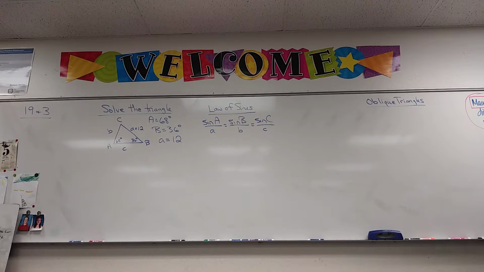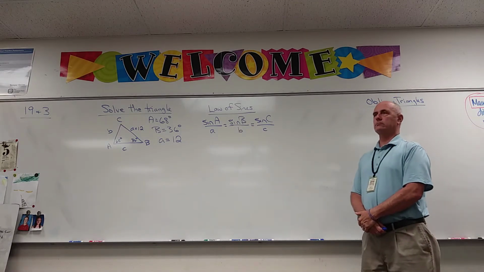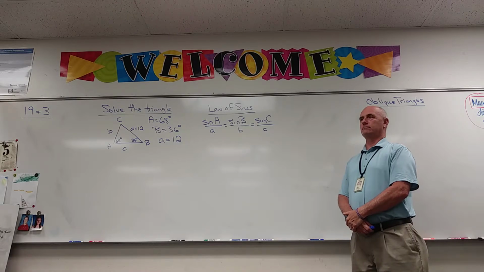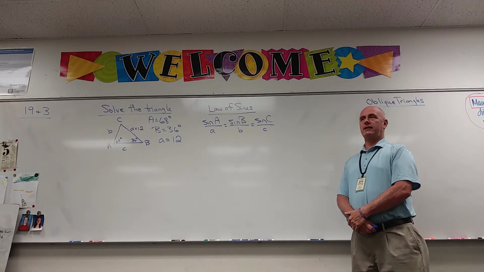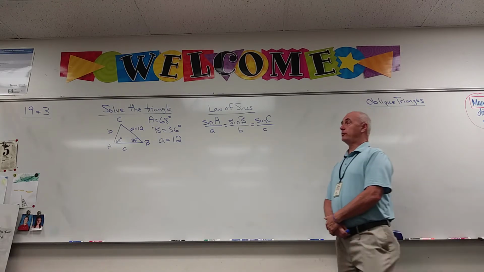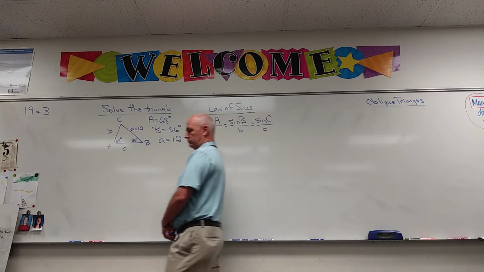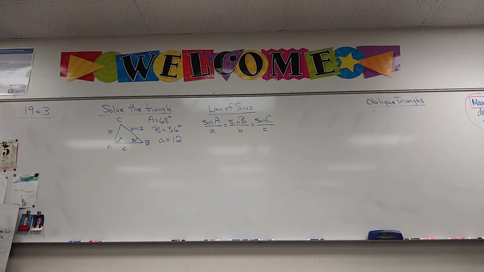There is one key when we're using the law of sines, and that is that we have to have, what do you think we have to have? Well, here we have two angles and a side. Could we have two sides and an angle? Sure. What do we need to have?